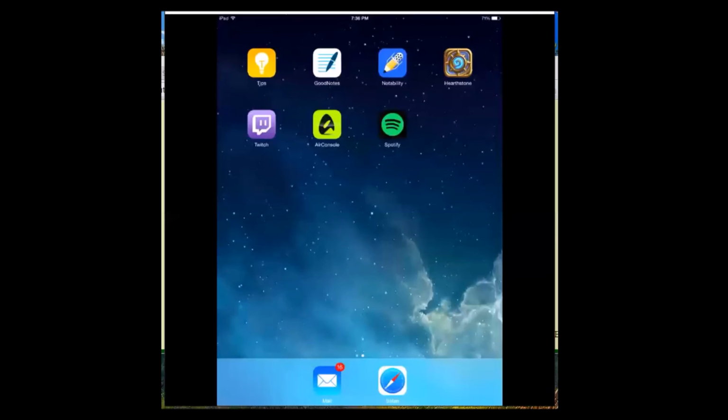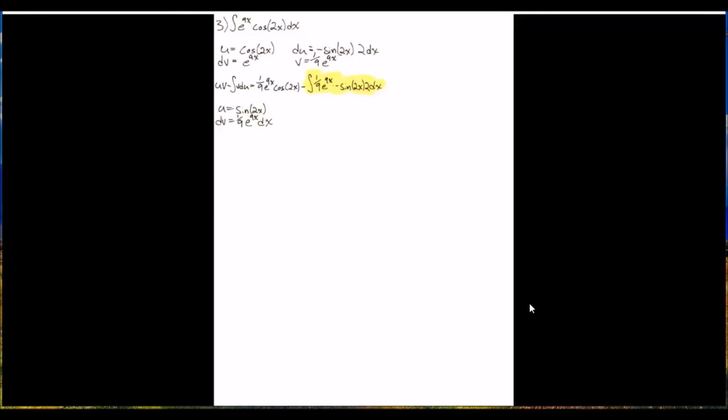Share screen. Okay, can you guys see what I've got going on now? Okay, awesome. Sorry that keeps happening. I'll try to look into it. I don't know why it randomly stops sharing the screen.